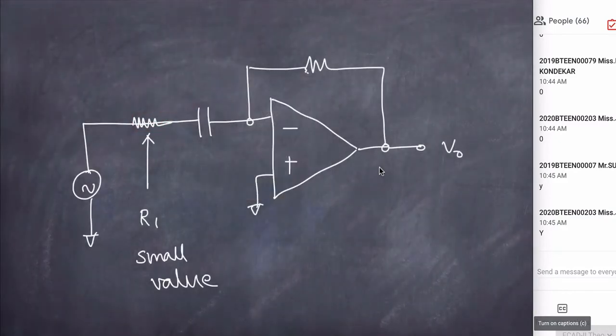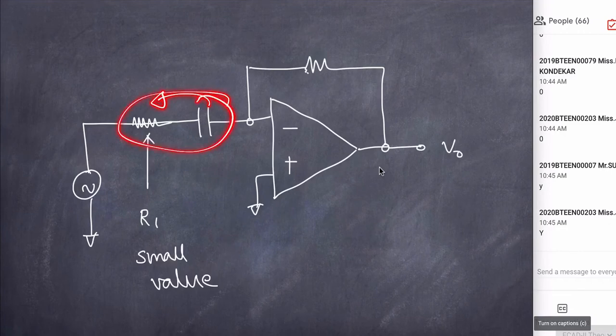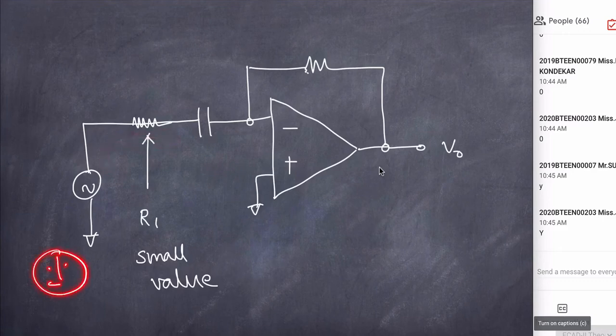Okay, we don't want that. So the capacitor should be dominating in this particular combination. Therefore, R should be small, but it should be enough to limit the current from the source, so that the source will be somewhat happy. Are you getting the point?